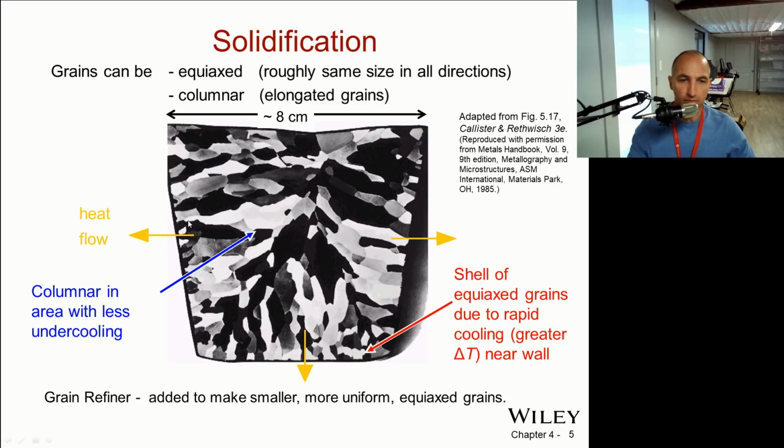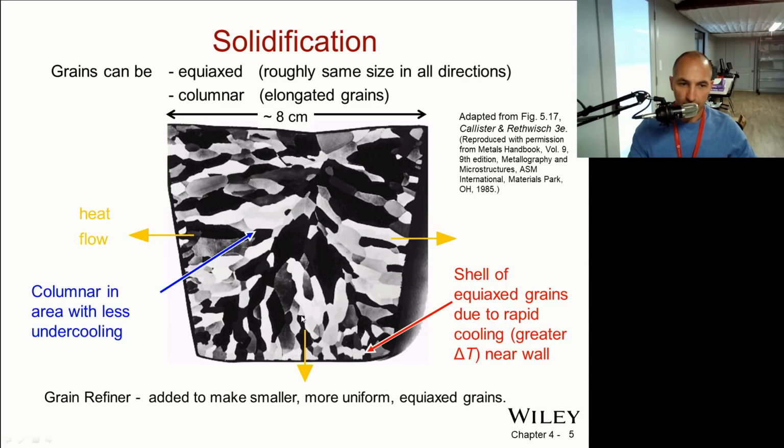And the boundaries of the casting are here, and so this is a cold wall surface, so the heat is flowing outward. So you're going to have smaller grains near the edges of the casting where the cooling is fastest, and then larger grains towards the center where the cooling is slower.